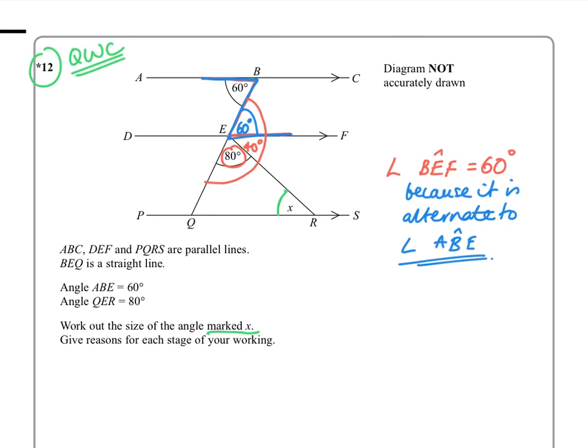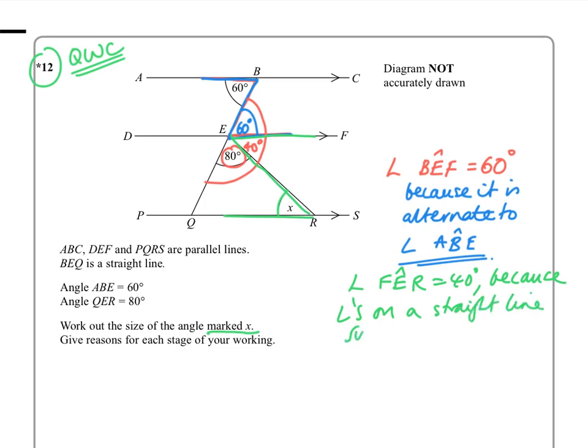I think we need to make sure that we write enough information, because when we get from the 40 here, then look, we can use alternate angles again, and therefore x is the same. So first things first, angle FER is 40 degrees, because angles on a straight line sum to 180.